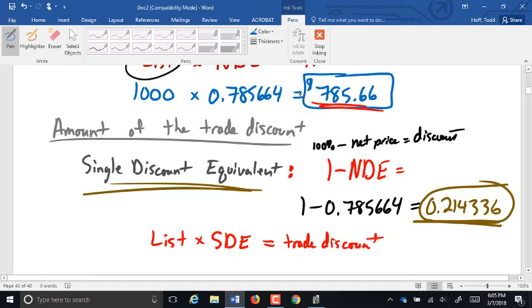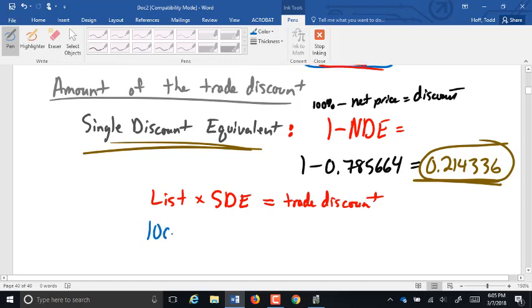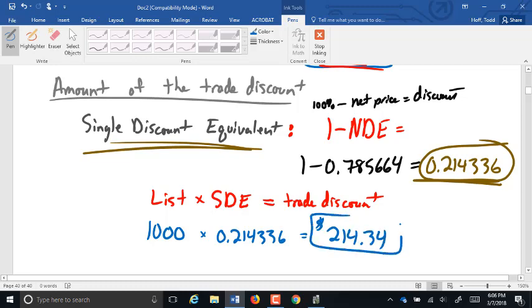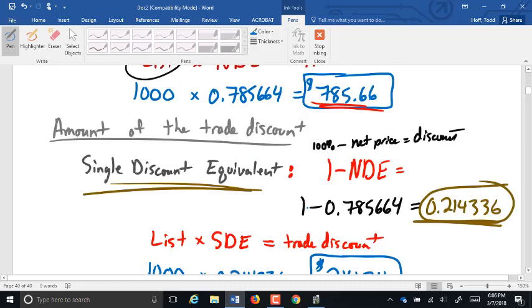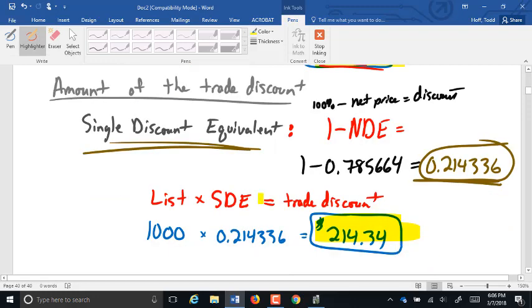So if we took the $1,000 list price times 0.214336, that gives us $214.34 rounded to the nearest penny. You'll note those two should add up to our list price of $1,000.